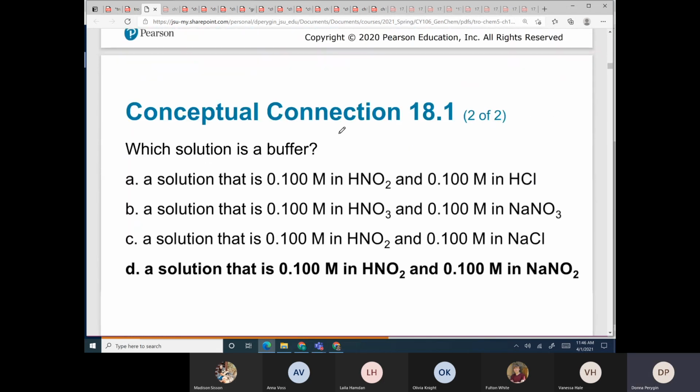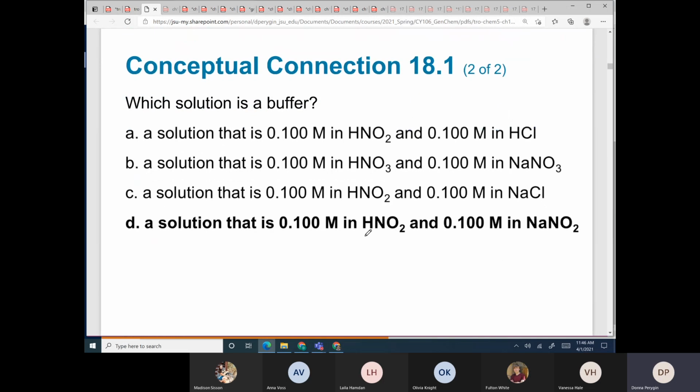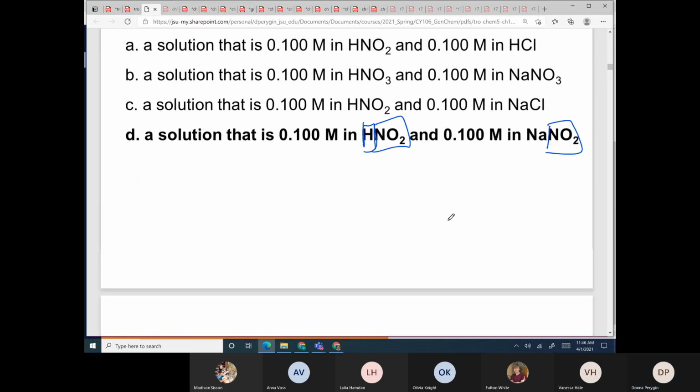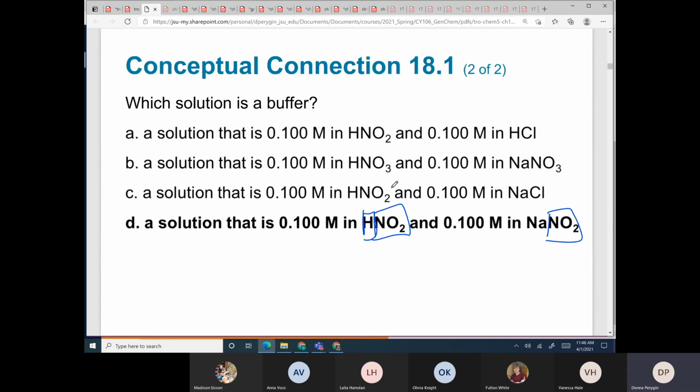So which of these solutions is a buffer? So we have nitric acid and sodium nitrate, and that's because you've got the acid and its conjugate base in solution, and that's what you need for a buffer. And so why is this one not a buffer, you might say?